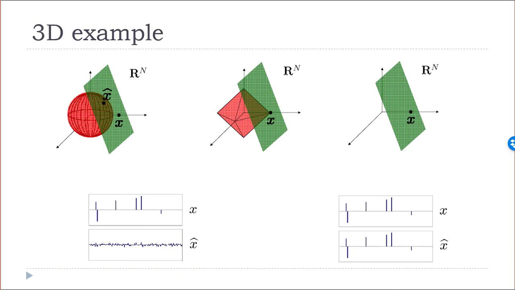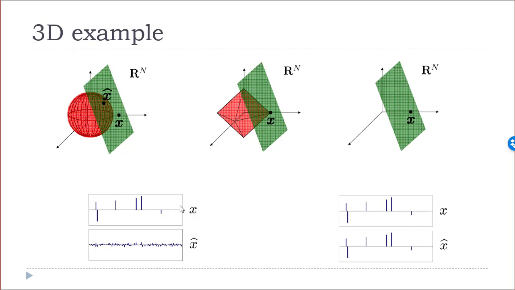In the three-dimensional example here, we can see the same property holds. The constraint y is equal to a transpose x is now a plane that is required to intersect with the 3D sphere or the 3D version of this rhombus. Again, we can see the sparse solution along one of the axes is obtained in the L1 norm minimization case, which is also the case when we are minimizing the L0 norm.